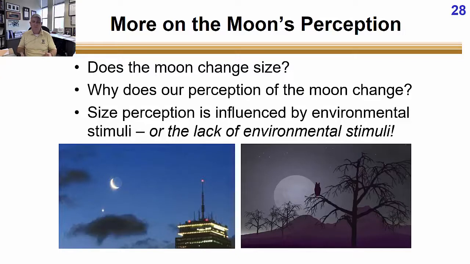However, when the moon is in the middle of the sky, like it is on the left-hand side here, and we don't have a very good ability to compare it to other things that are a known distance away, we underestimate the size of the moon and it appears smaller.